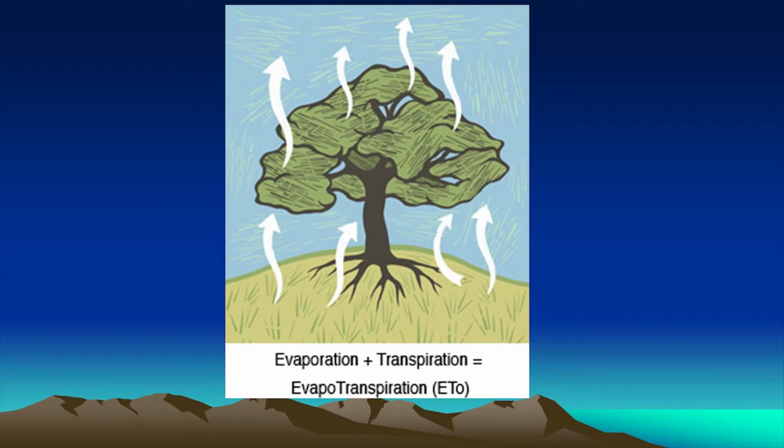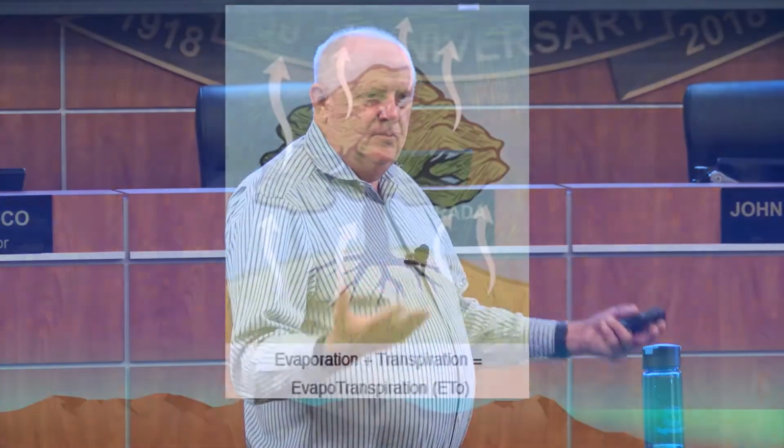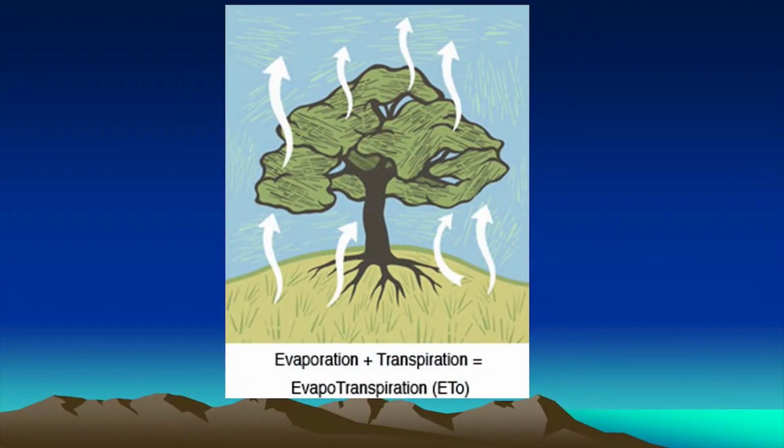Evapotranspiration is evaporation from the wet plants, the wet leaf surface, the wet soil, and transpiration, which is actual plant water use. We all perspire, plants transpire. The same thing. They give off water, they lose water. So evapotranspiration are the two sources from which your water leaves your landscape.